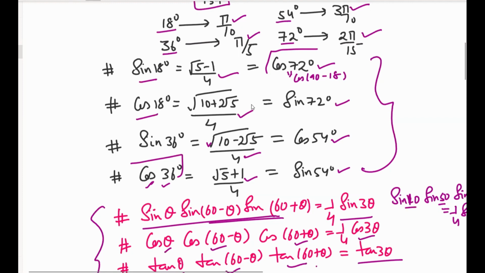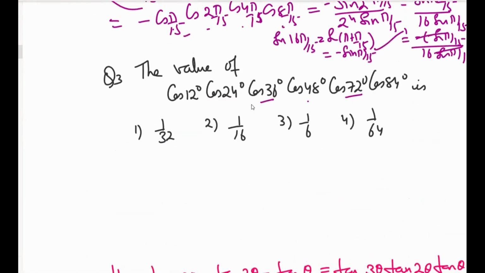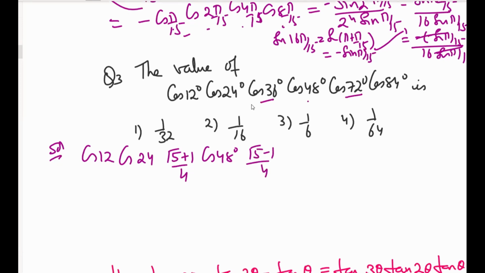Cos 36 is (√5 + 1)/4, and cos 72 is (√5 − 1)/4. So first fill these values. What I have written: cos 12, cos 24, cos 36 is (√5 + 1)/4, then cos 48, and cos 72 is (√5 − 1)/4, and cos of 84.